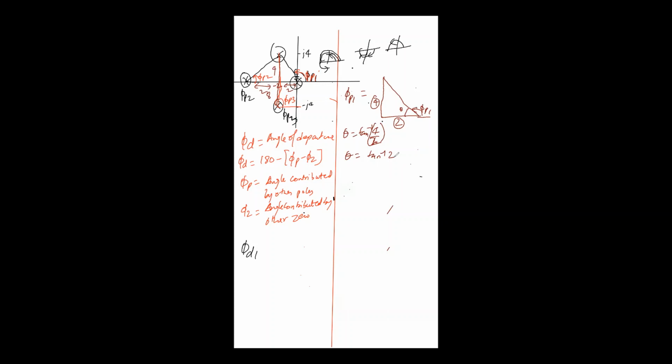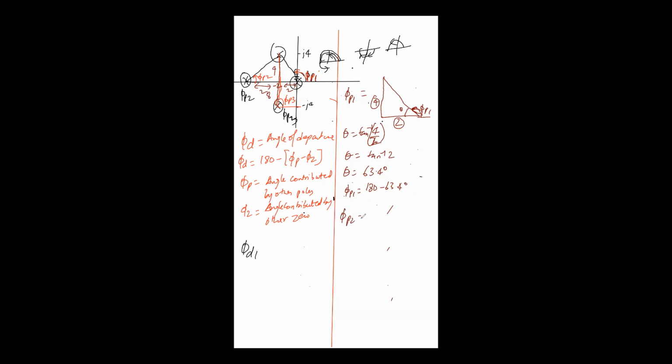Tan inverse of 2 is 63.4 degrees. So theta will be equal to 63.4 degrees. Phi p1 is then 180 degrees minus 63.4 degrees.